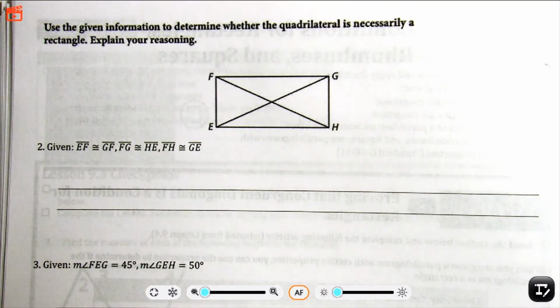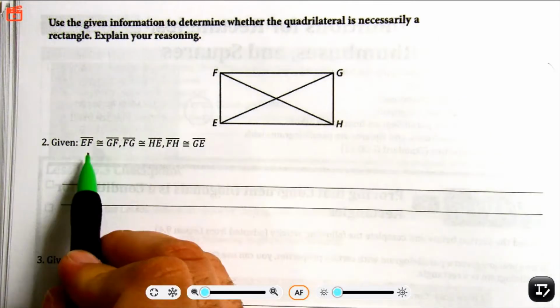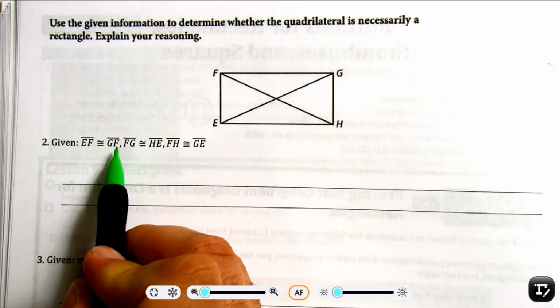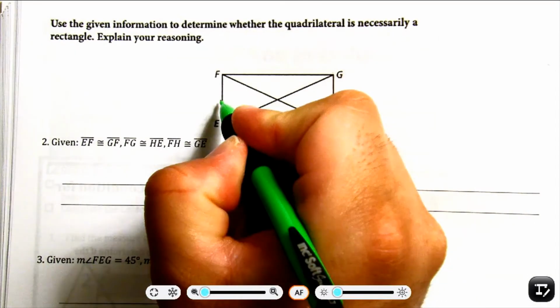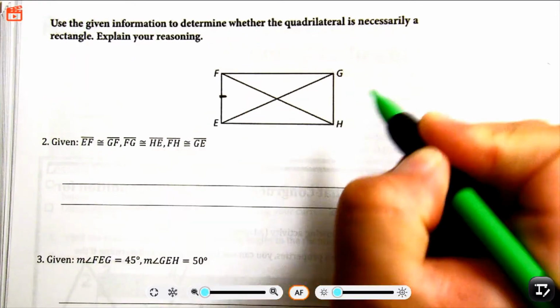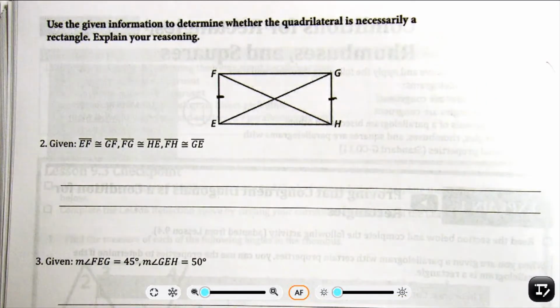In this example, it says use the given information to determine whether the quadrilateral is necessarily a rectangle. Explain your reasoning. So first we're going to see what is given. They tell us that EF is congruent to GF.